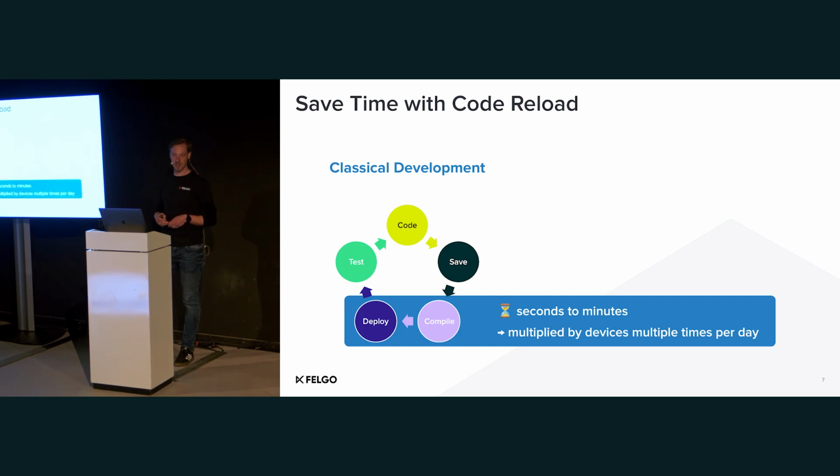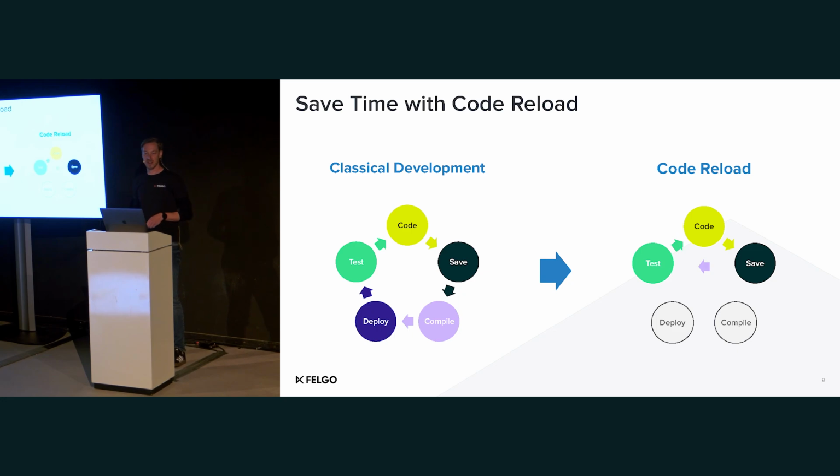This can take seconds, but if it's a bigger project, it can also be minutes. And if you have multiple test devices where you need to test, this actually multiplies. And given that you do this multiple times a day, you see that a lot of time is spent just waiting until the code is deployed and you can actually test it. With Code Reload, you can skip the deploy and the compile step.